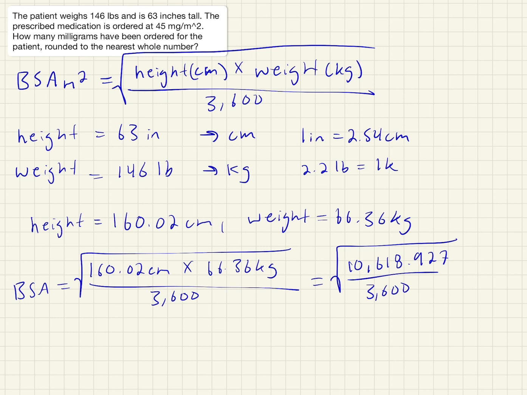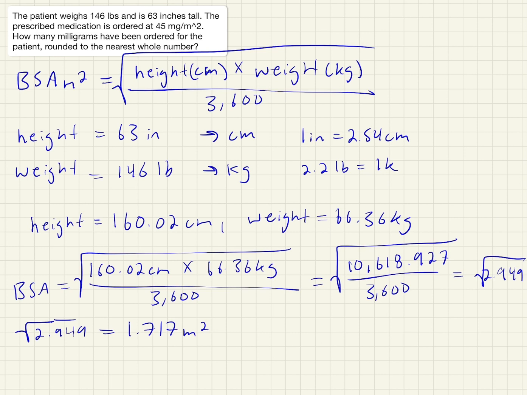If you divide that 10,618 by 3,600, we get 2.949, and we'll have to square root that. For most calculators, you can just tap the square root button and it should take the square root of whatever number is currently on the screen. So if I tap square root, I get that the square root of 2.949 is equal to 1.717. And we know that's meters squared because this is our BSA.